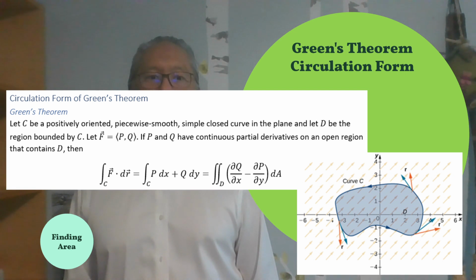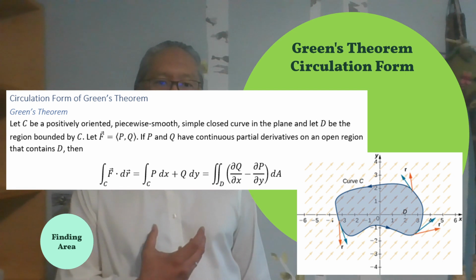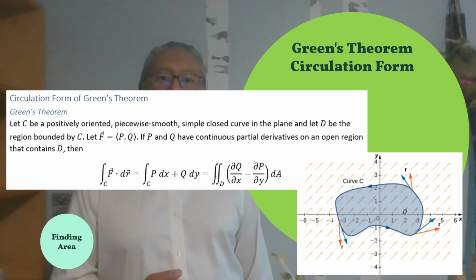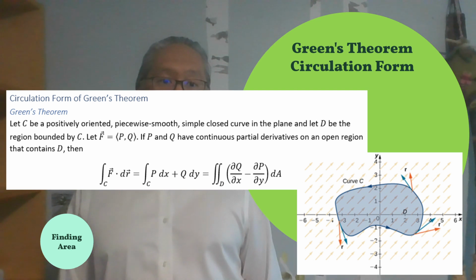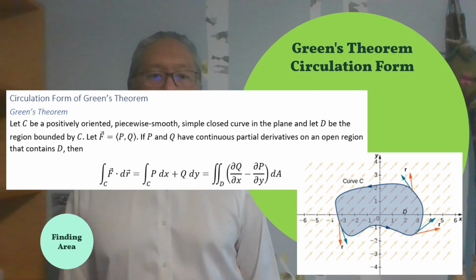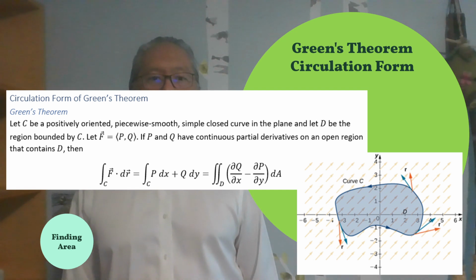In this closed curve, you're capturing a region, and so if you take the double integral of some sort of derivative of a vector field over that domain, it's the same thing as calculating this circulation around the curve.